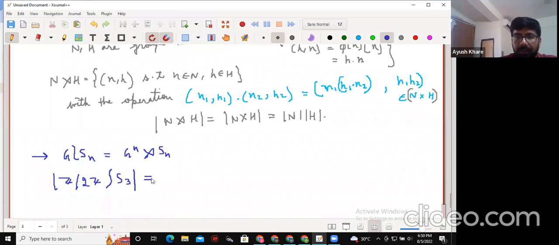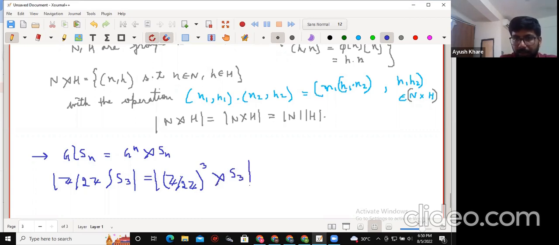Yes, it's equal to Z mod 2Z, order of Z mod 2Z raised to 3. Here n is 3. Semi-direct product with S3.